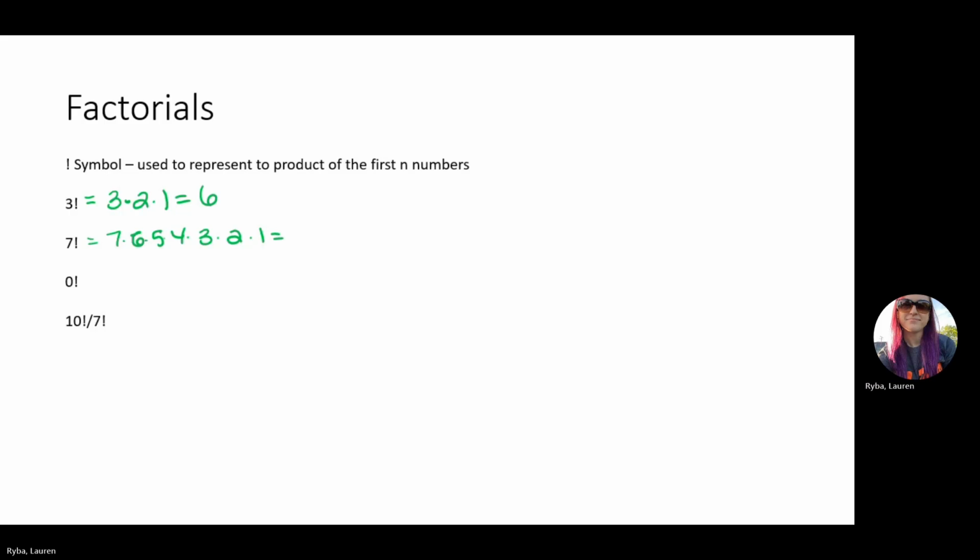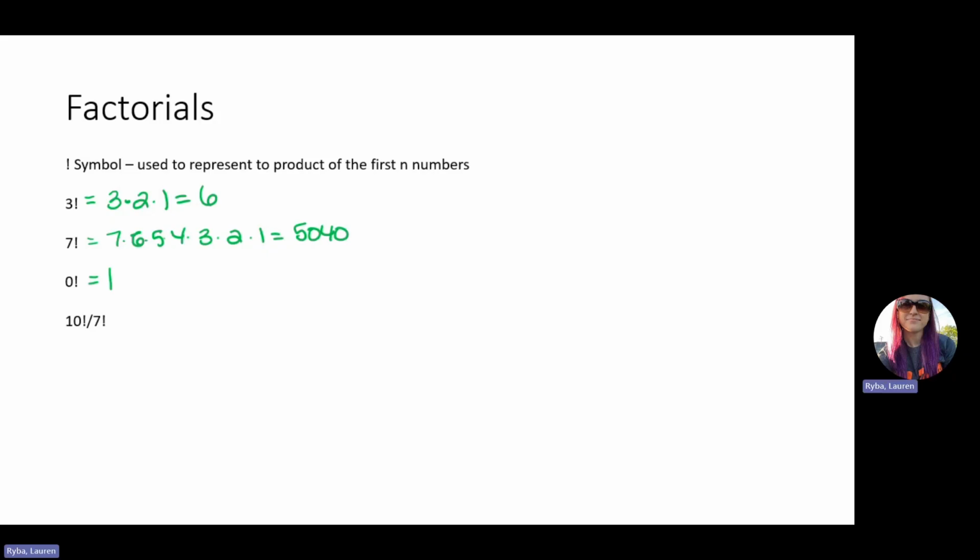If I do all of that multiplication, that is 5,040. Zero factorial is going to be 1.